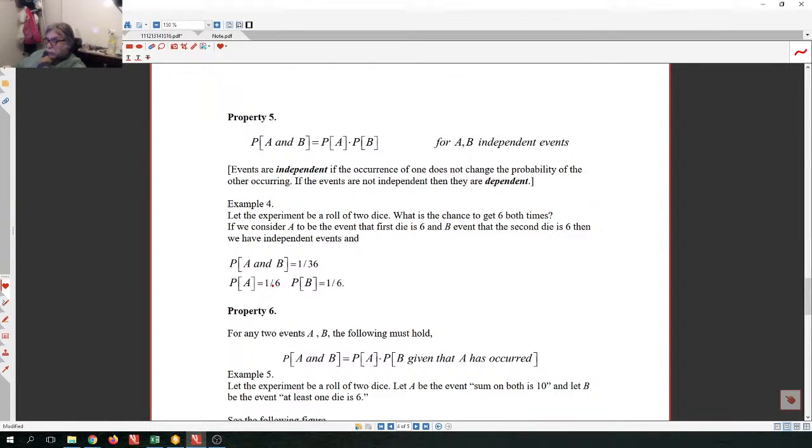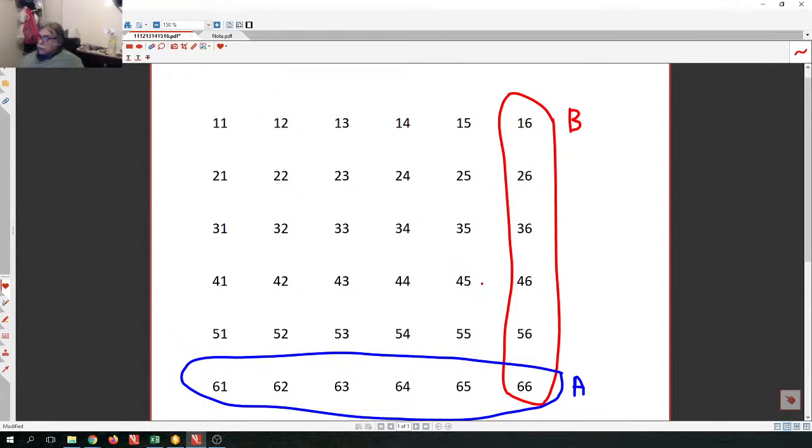And if you multiply the probability of A and the probability of B, you're going to get the probability of A and B, which is 1 out of 36. Makes perfect sense. But I'm saying that this must hold every time the events are independent. And pay attention again, these two events are not exclusive.